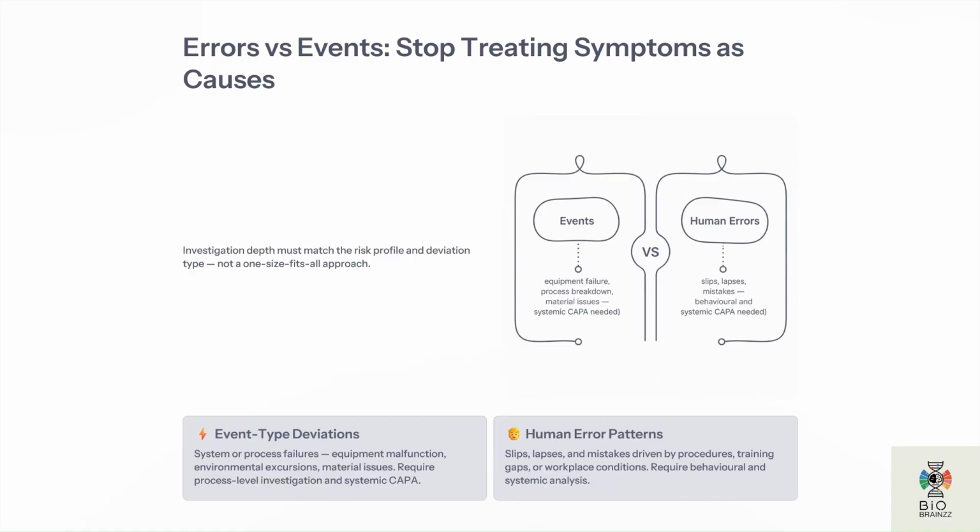Examples include slips, lapses, mistakes, incorrect entries, or missed procedural steps. However, it is important to understand that human error is rarely the complete root cause. We must ask why the error occurred. Was the procedure unclear? Was training inadequate? Was the workload excessive? Was the environment disruptive? Effective investigations look beyond the individual and examine the entire system.